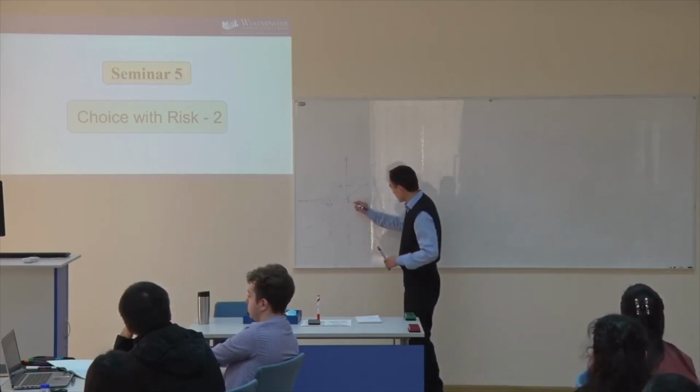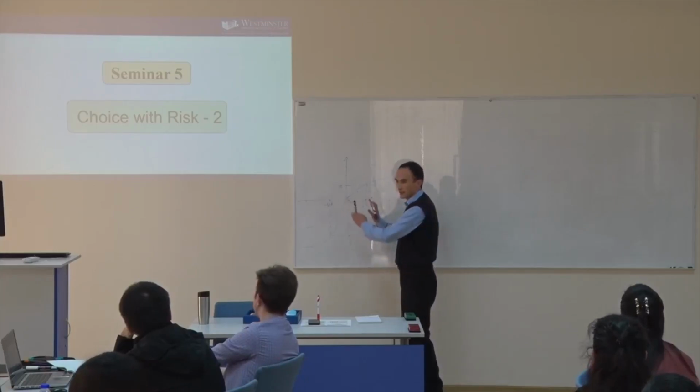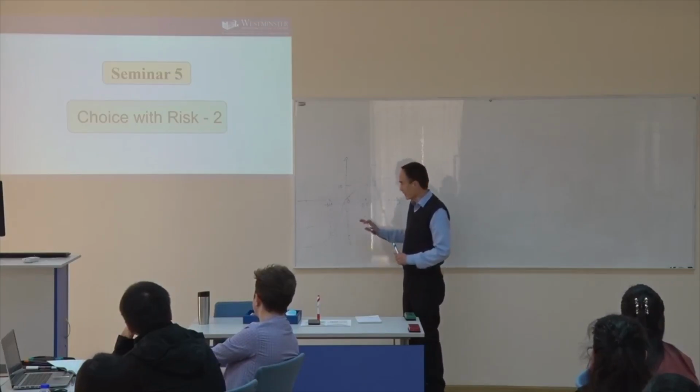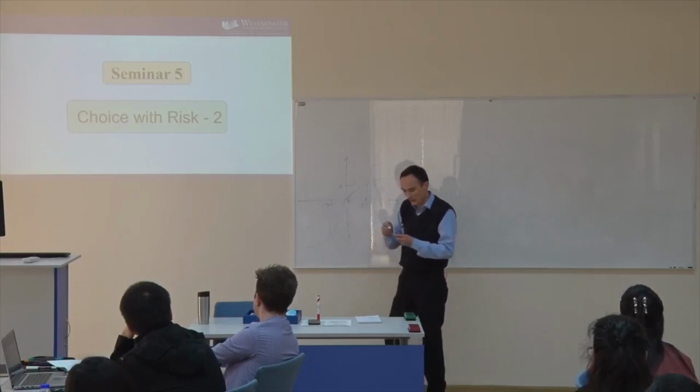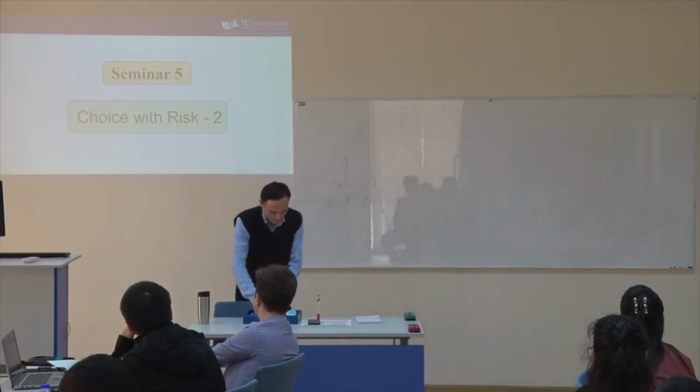Even though the gain and loss are exactly the same, the effect is very different. When there is a loss, people become very disappointed. That is actually what prospect theory is.